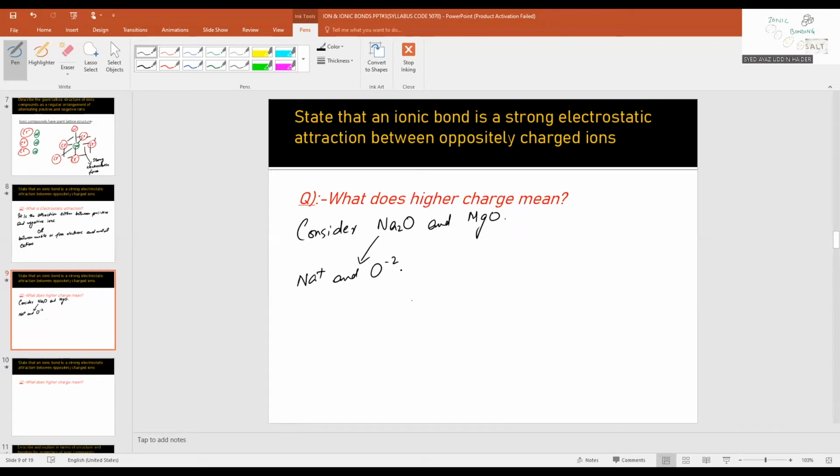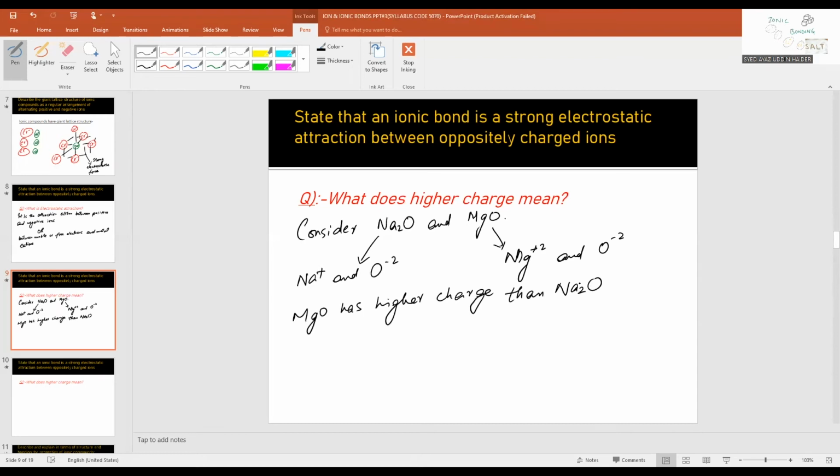And in the case of MgO, there are lots of Mg plus 2 and O minus 2 ions, which means MgO has a higher charge than Na2O.